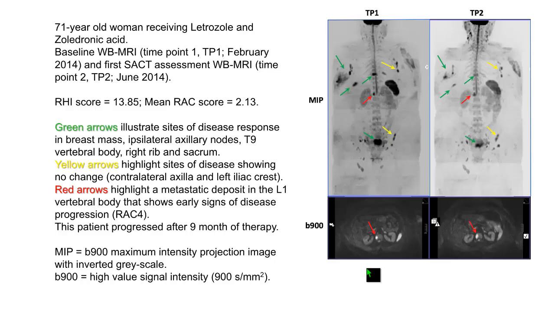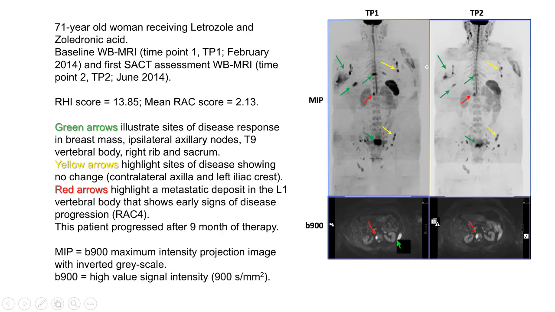This patient has a classical discordant response. You can see the breast gets better, this metastasis gets better, this rib metastasis gets better. Okay, good news. But this one gets a bit worse. So here we go.